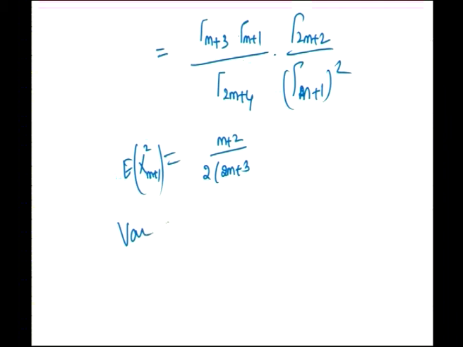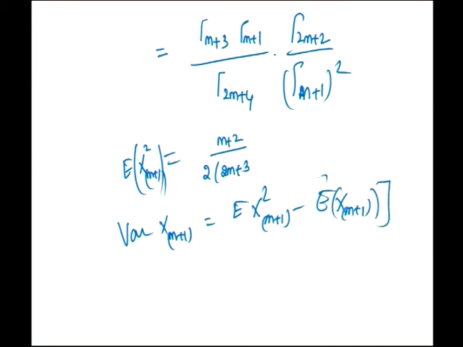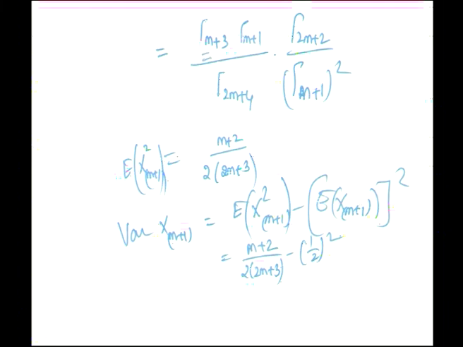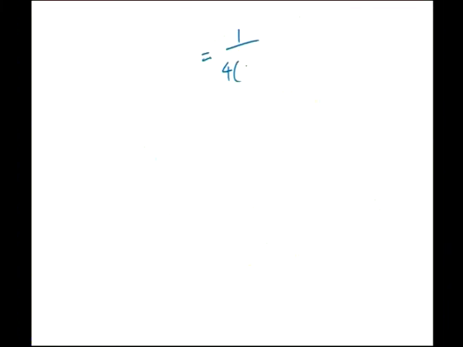So, the variance of the m plus 1th observation is equal to the expectation of X square of the m plus 1th observation minus E of X m plus 1 whole square, that is m plus 2 by 2 into 2m plus 3 minus 1 by 2 whole square, and this answer comes to be equal to 1 by 4 into 2m plus 3.